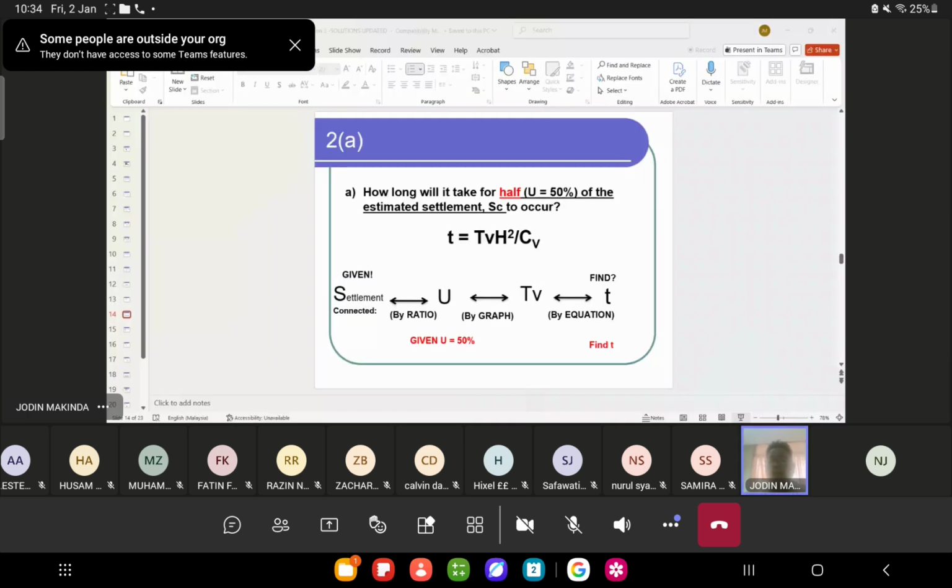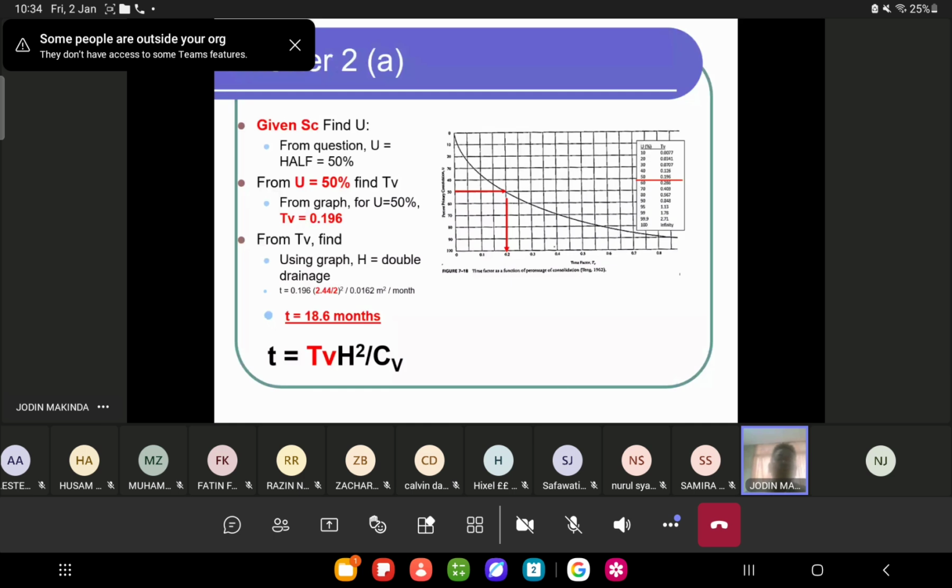Now, based on the flow equation, if you are given U of 50% and you use the table, the TV value is 0.196. After we find TV, the time factor, use the equation to find time.